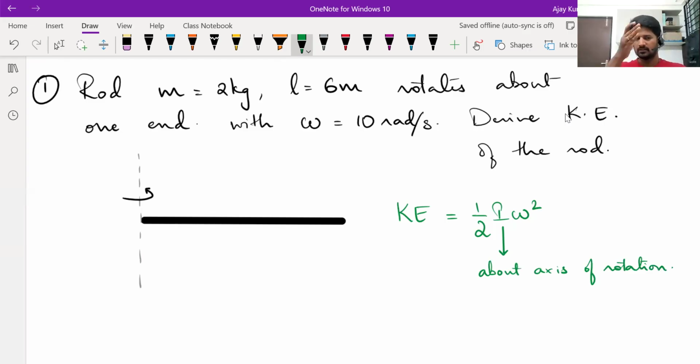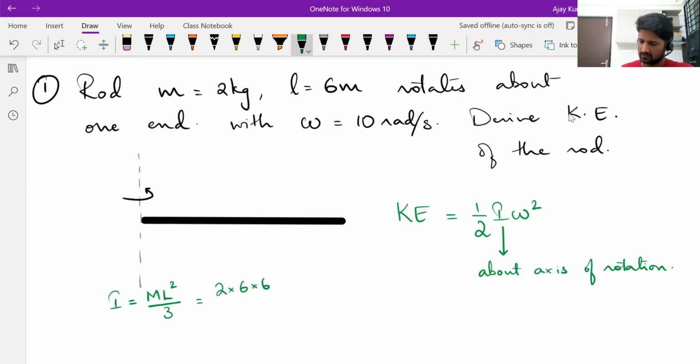Okay. Now the axis of rotation is clear in the diagram. It's passing through one end of the rod and is perpendicular to it. Aishwarya, tell me, what is the formula for moment of inertia of a rod about this axis? Uniform rod. Sir, ML square by 3. Okay. If you substitute, mass is 2 kg, length is 6.